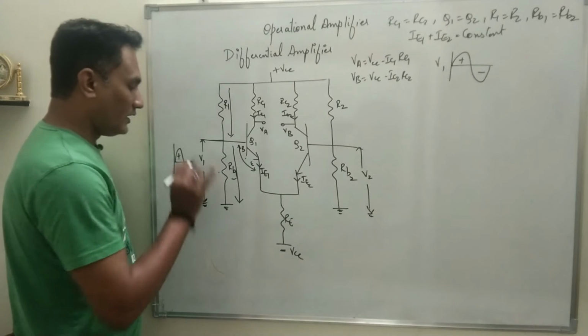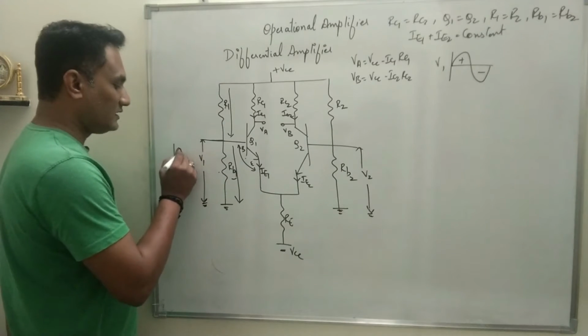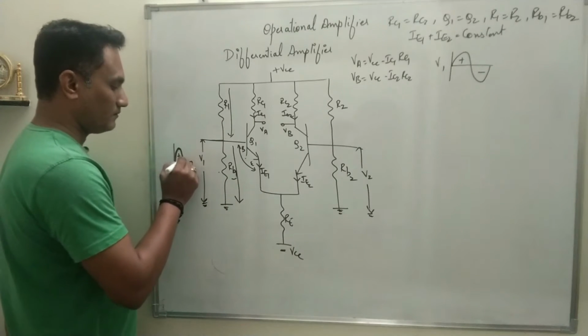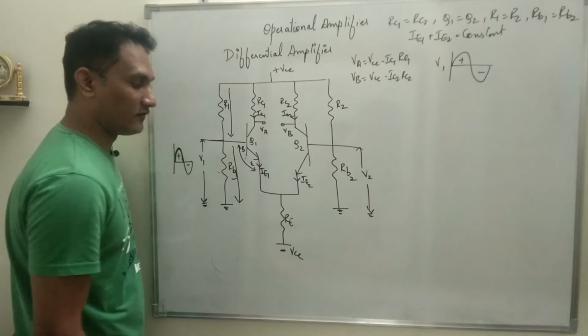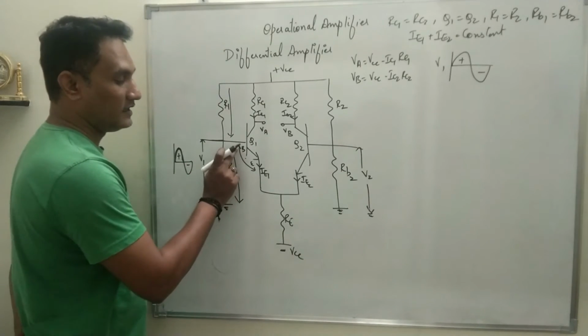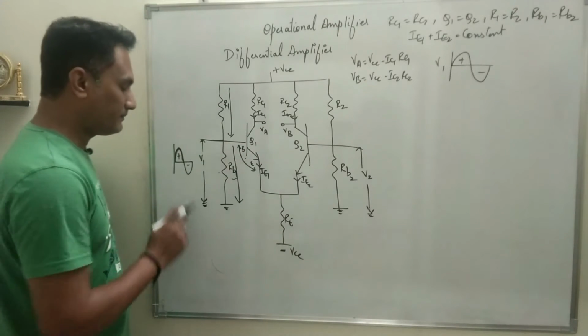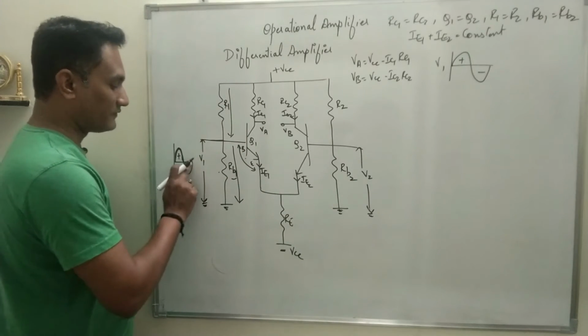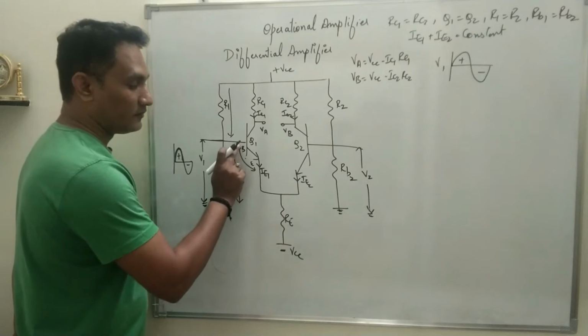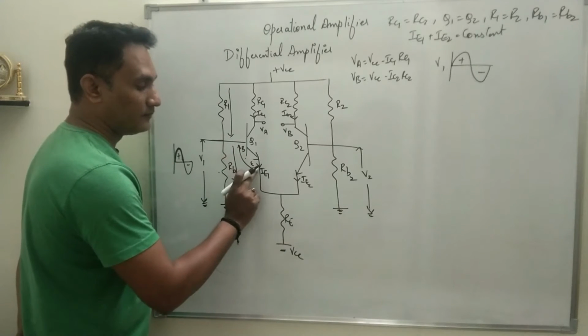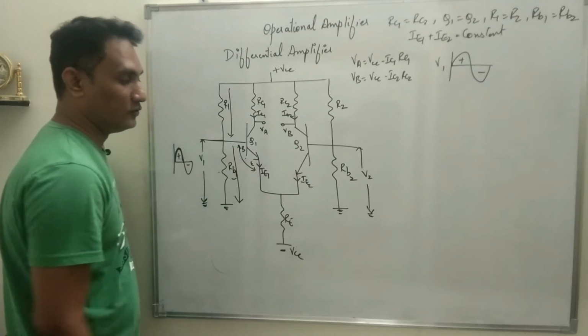During the positive half cycle, the forward bias of the base emitter PN junction of transistor Q1 will increase. During the negative half cycle, the forward bias of the base emitter junction of Q1 decreases.